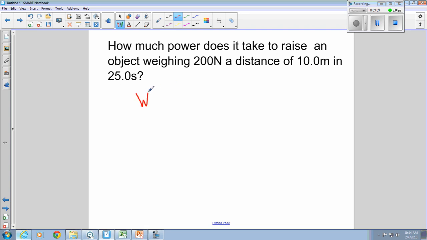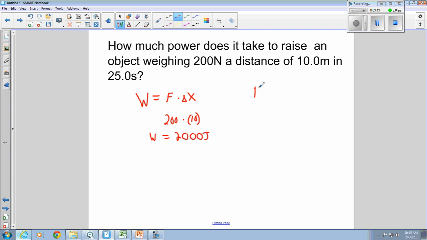So work is equal to force times distance, or displacement. Plugging in our numbers, we have 200 newtons times 10 meters is 2,000 joules. That's our work.